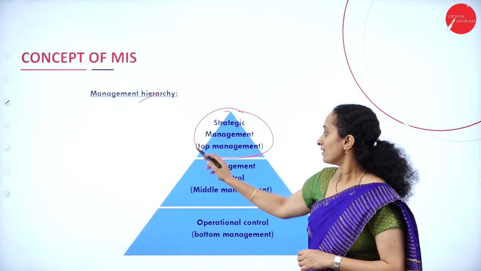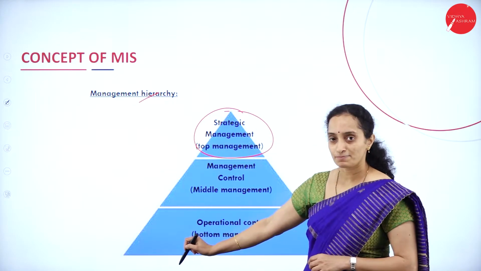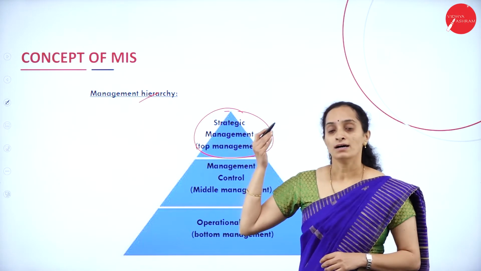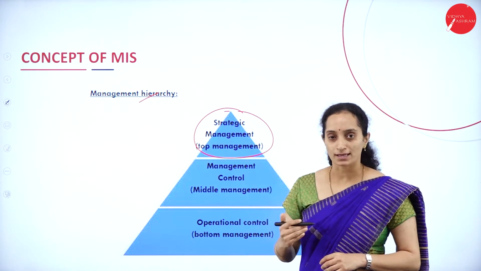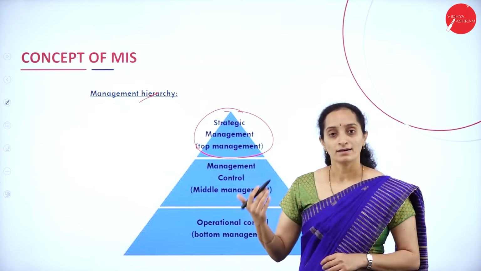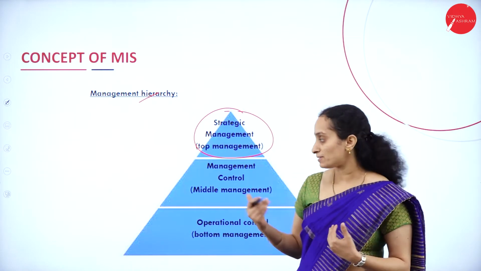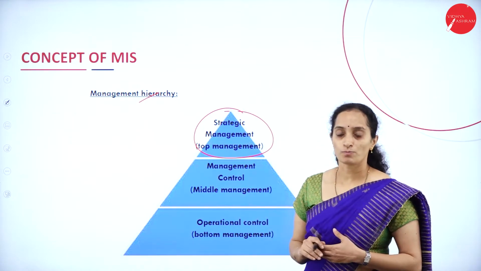It contains the top level management. Why it is shown as a triangle is they have the responsibility, but the work is less, while decision making capability is more. They have more responsibility than the other two managements.